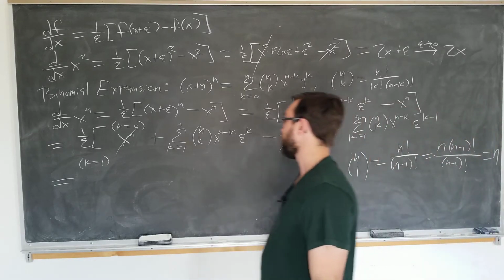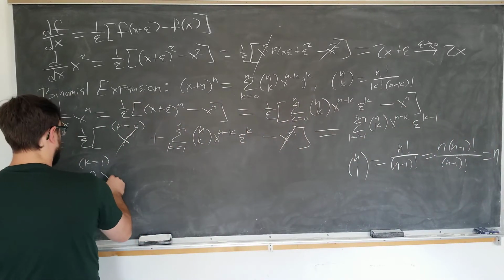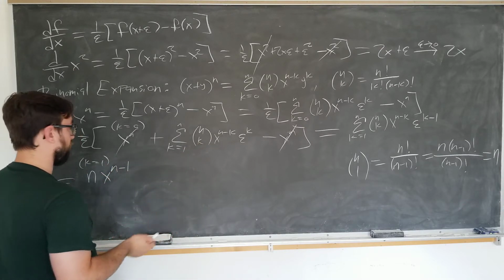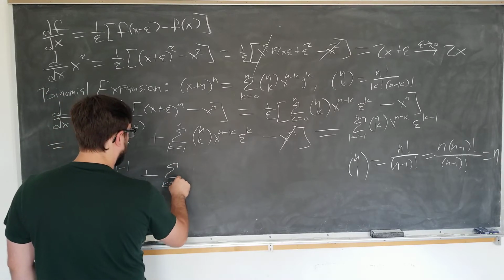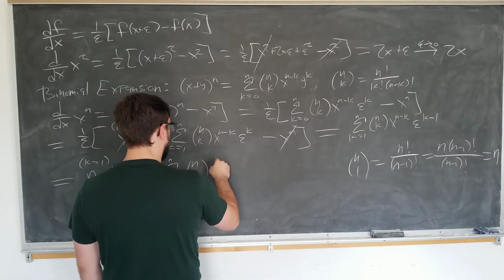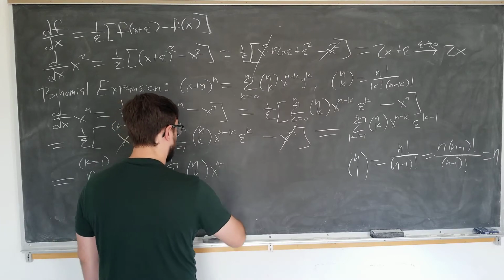Excellent. This is just going to be n times x to the n minus 1 power. The epsilon power is 0, so it's not here. Plus the sum, k starting at 2 now to n, of n choose k, x to the n minus k, epsilon to the k minus 1.